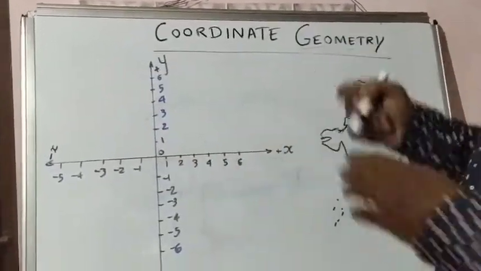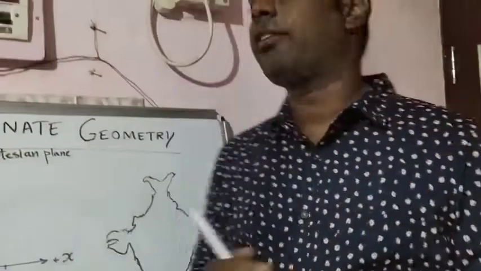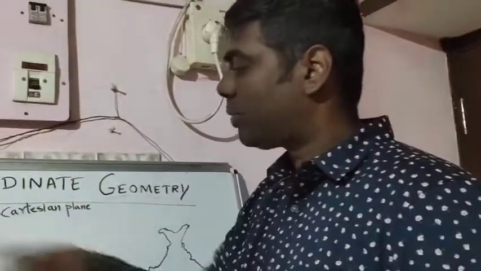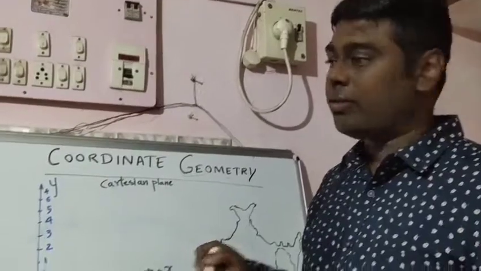So this plane graph is called the Cartesian plane. The Cartesian plane has four quadrants.